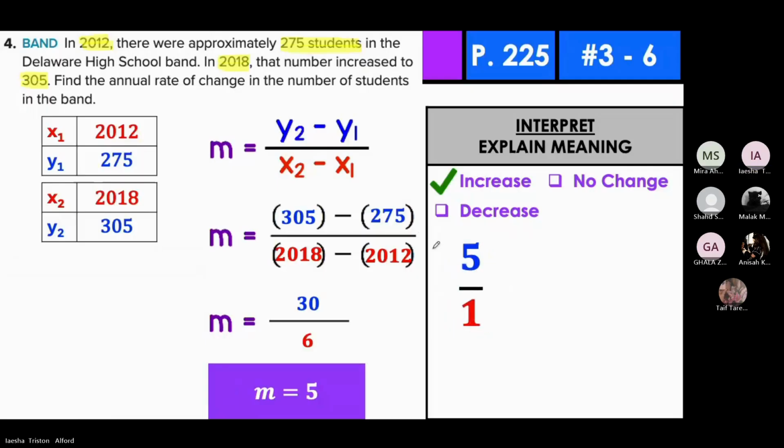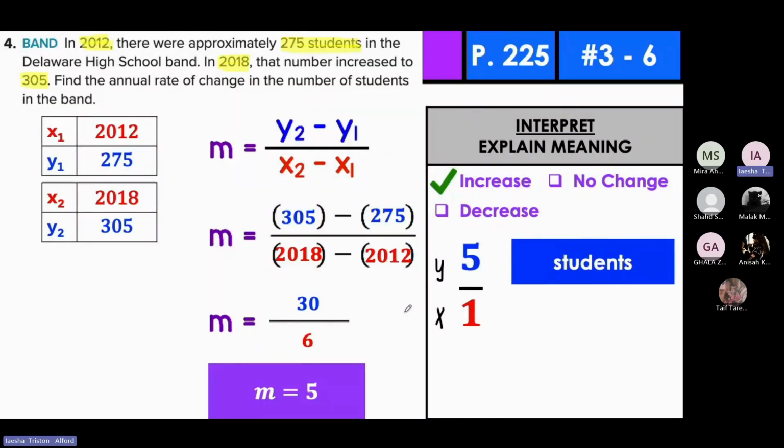Good. The top number is about students, Y, and the bottom number is about x. So good, students. And what's the x word? We have this number 2012, 2018. What is that? Those are years.